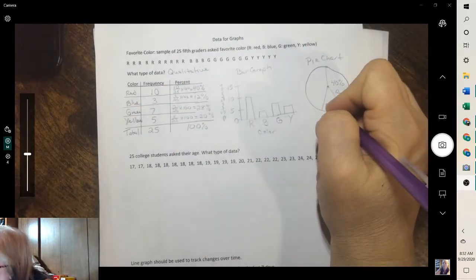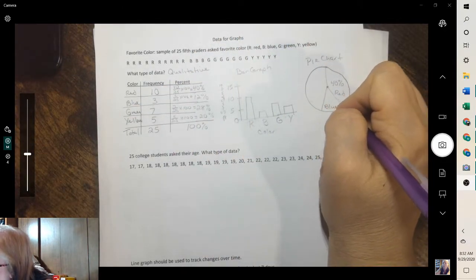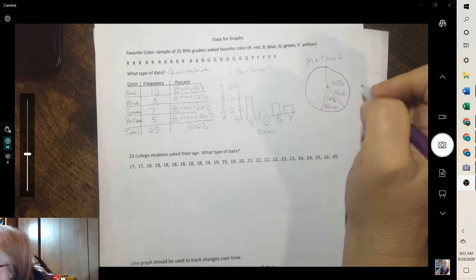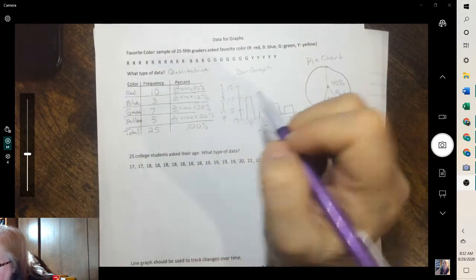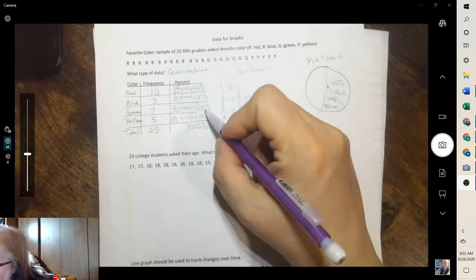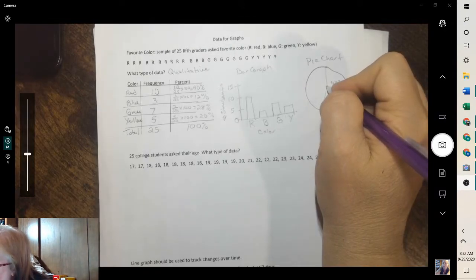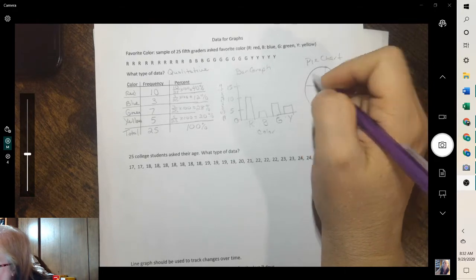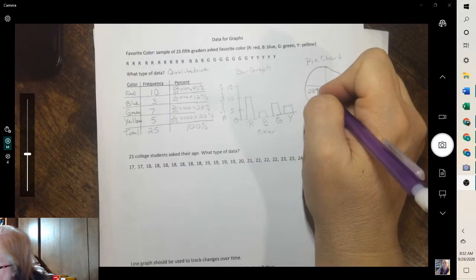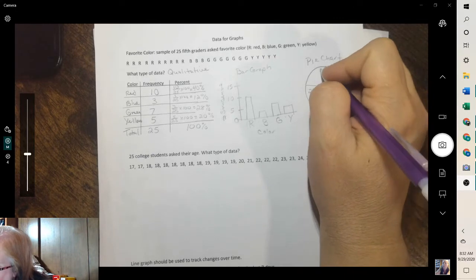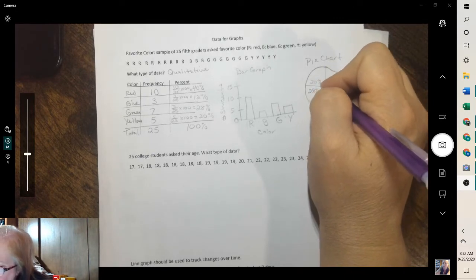And that was blue. Green is 28%. And this one's 20%.